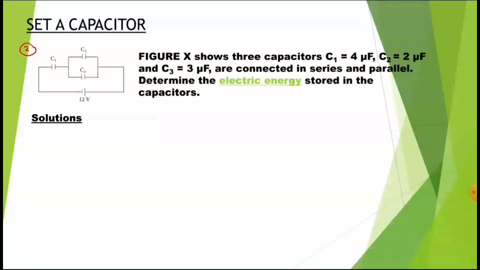So, before we find the value of E, which is the energy kita, E equal to half CV square. Ini energy for the capacitor. So, C kita tak tahu. Given V dah ada, so kita kena find the C effective. So, kena settlekan sini dulu lah.